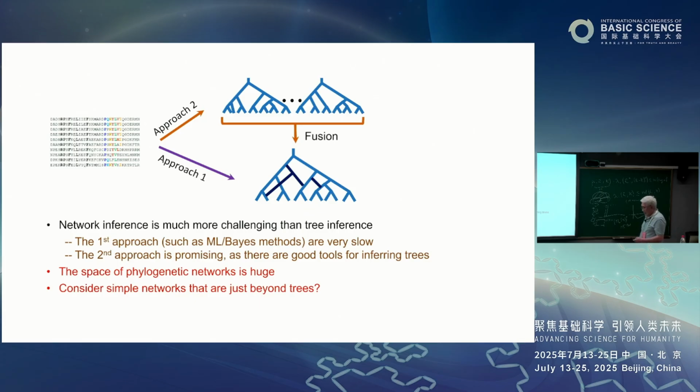In general, network inference is hard because there is a very large number of phylogenetic networks. I will show the number later. Therefore, when one works on network inference, one usually either assembles the networks from the network space or solves an optimization problem to obtain a solution.